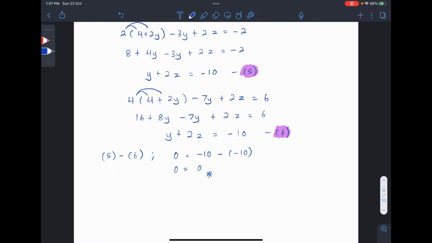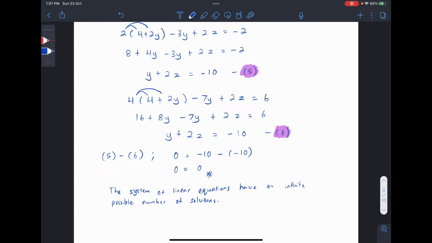So we are just going to say here that the system of linear equations have an infinite possible number of solutions. So not all the time you can solve your variables for x, y, and z.